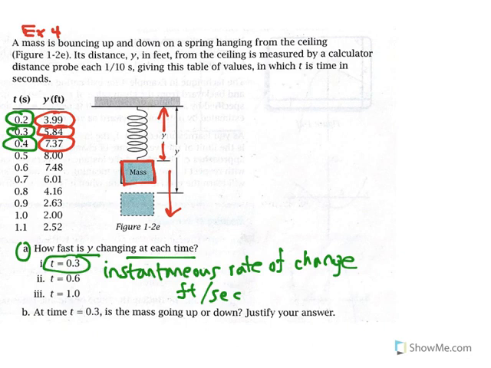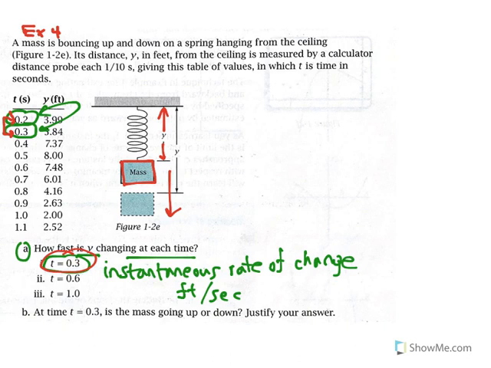However, we have to work with the data that we have, and the closest time interval we have to an instant in time from this table would be 1/10 of a second. If you look at these two values of time, which are close to 0.3 seconds, we have a time interval here that's 1/10 of a second, which is pretty close to an instant in time.